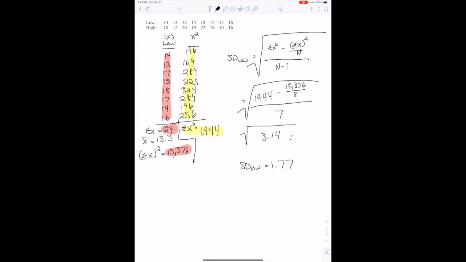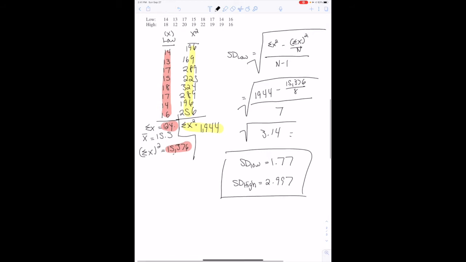Now, I went through and did that same math for high, and you would do the exact same thing, but I won't walk through those steps. And you end up with a standard deviation of 2.977, more decimal places than probably necessary. So our standard deviation for low is 1.77. Our standard deviation for high is 2.977.